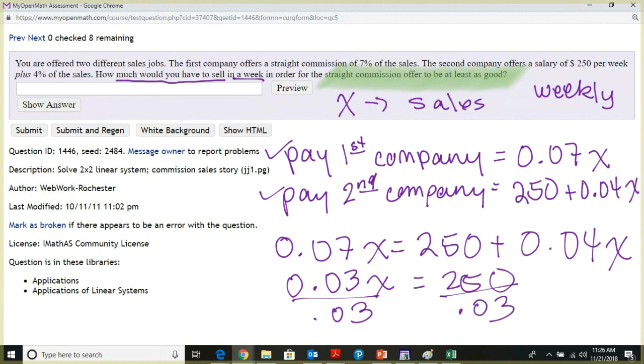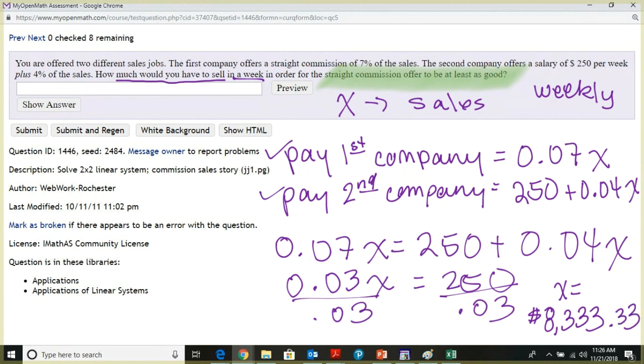And 250 divided by 0.03 is, darn it, not a nice one. It's $8,333.33.